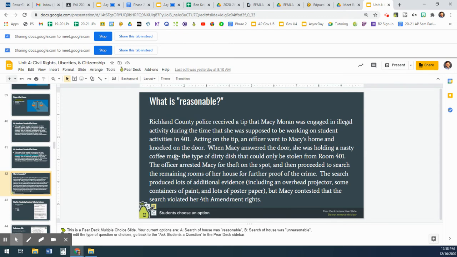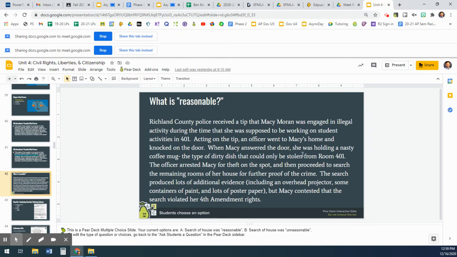Obviously this is a silly hypothetical, but this is an obvious coffee mug that was reported stolen. So therefore, the cop has the ability, once they know that a crime has occurred, to have probable cause to search the rest of the home.